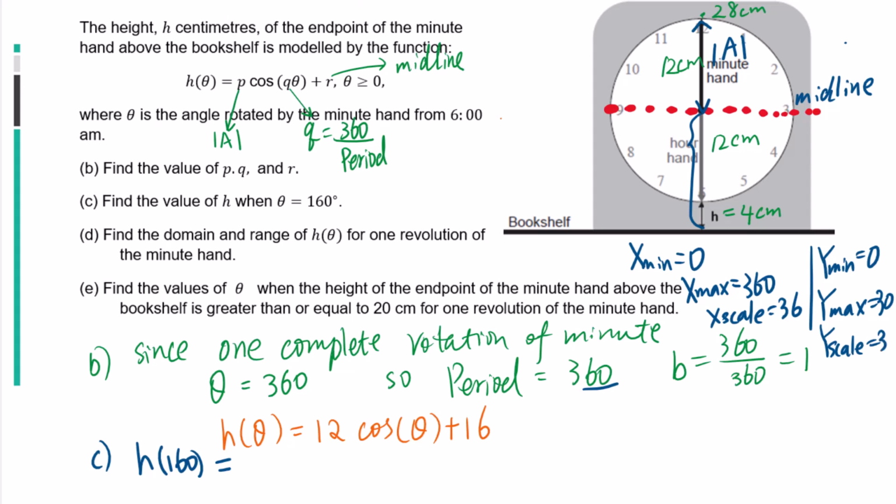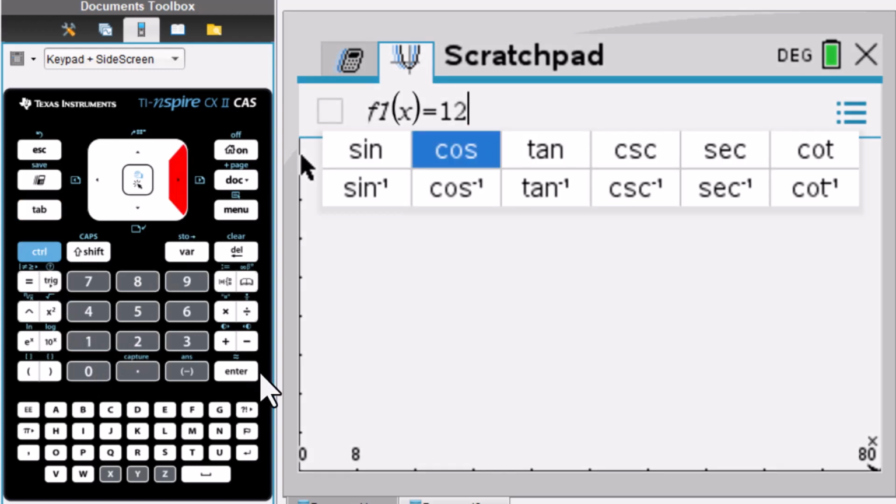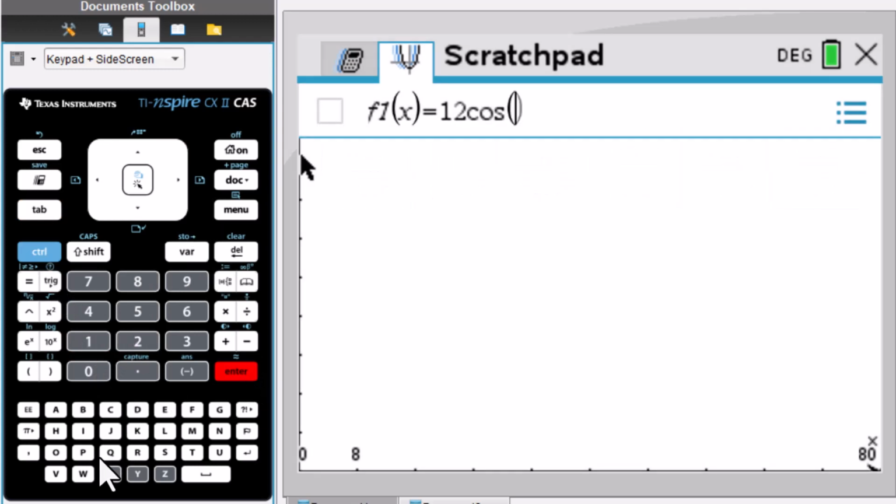Let's go to the calculator. Click on tab. F1 of X equals 12 cosine, change theta into X, plus 16. Enter.